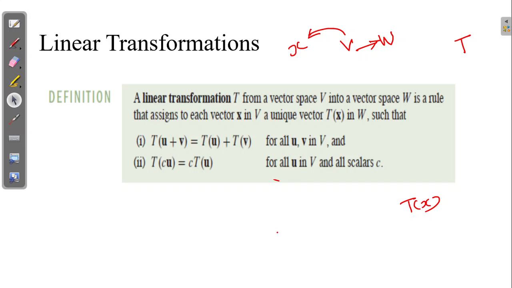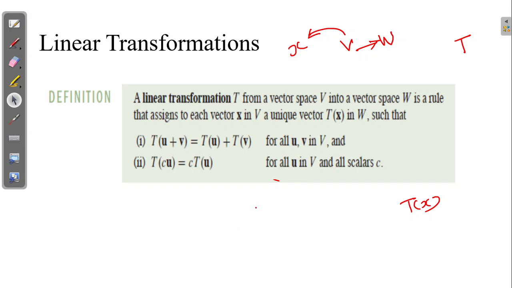For example, in your beta class you have studied the superposition principle. In order to satisfy the superposition principle, the additive property as well as the homogeneous property should be satisfied. Those are the necessary conditions. In the same manner, here a transformation is said to be linear if it satisfies these two axioms.